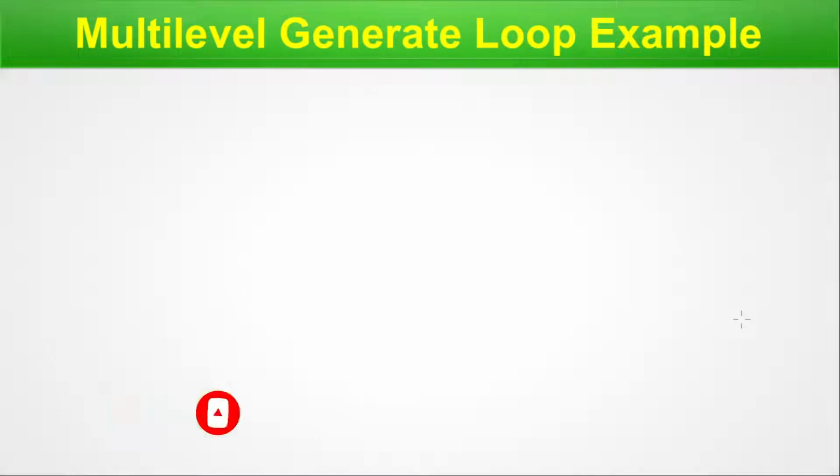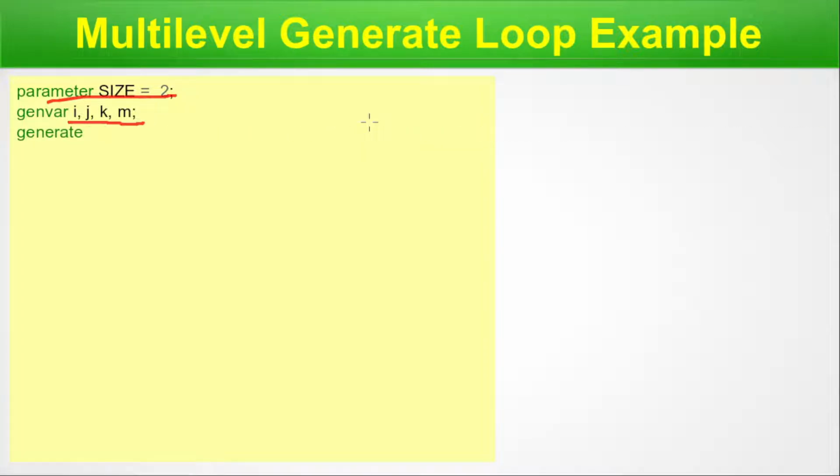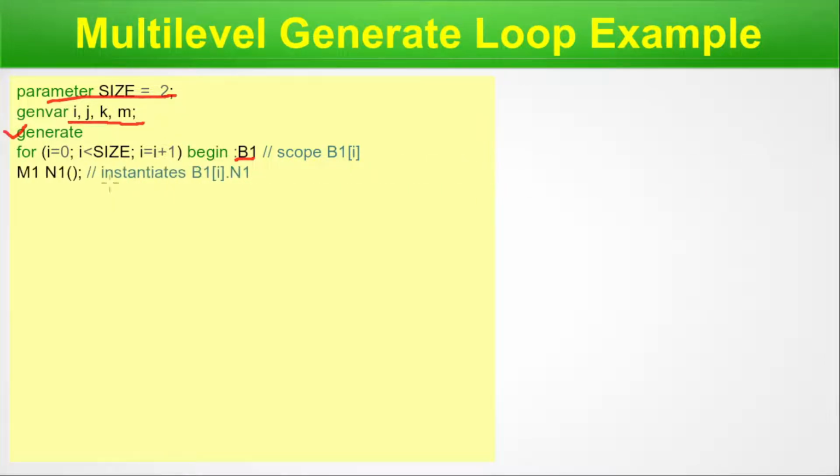Multi-level generate loop example. Here we start our code, and here the parameter size is 2. Here we have multiple genvars i, j, k, m, and we start our generate block with the generate keyword, and we have the first for loop, and its name is B1, and next we have its statements, right?